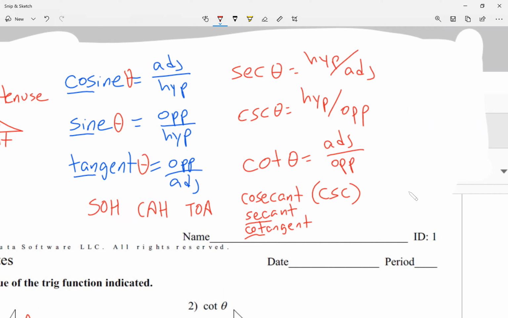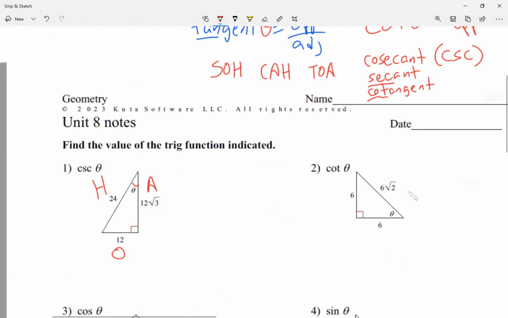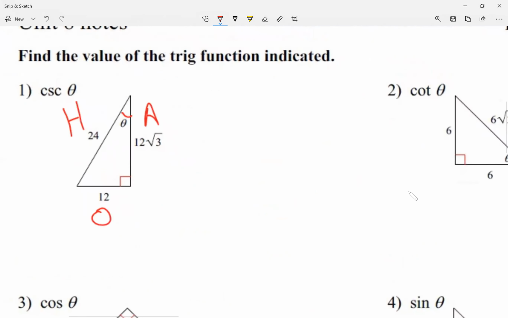Now, cosecant is going to be hypotenuse over opposite. So I'm just going to write 24 over 12.